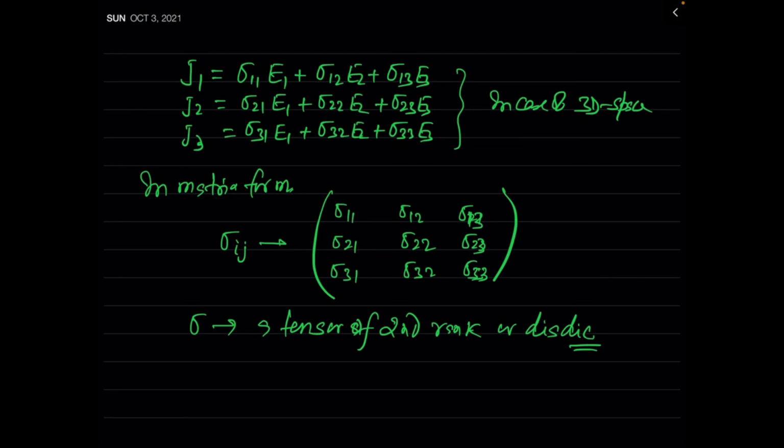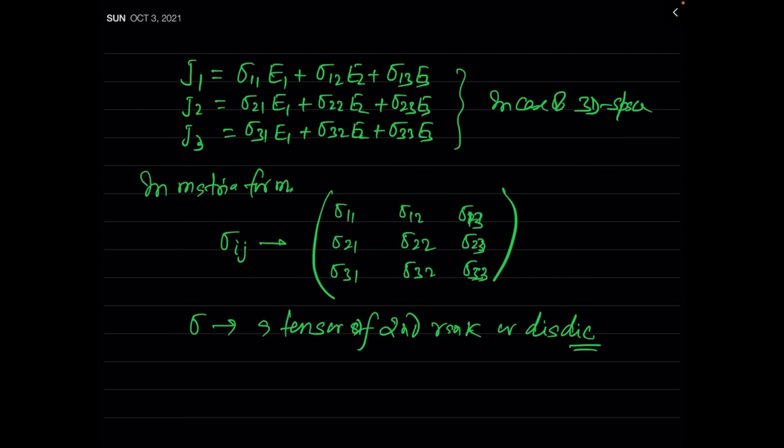In fact, these are the components of the electrical conductivity tensor in 3D space. A tensor of second rank has 9 components in 3D space. The number of components of a tensor depends on the dimension of the space. Here I have considered 3D space, so this is just an example of components of a second rank tensor.